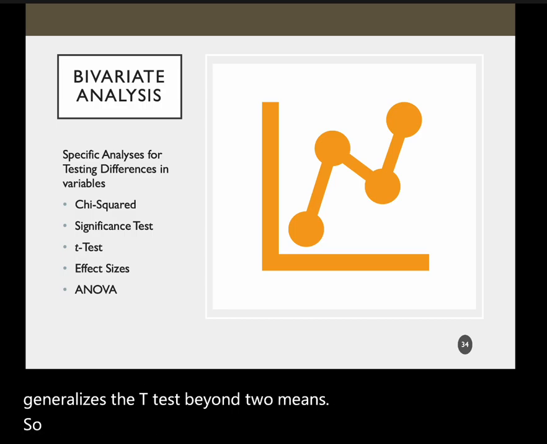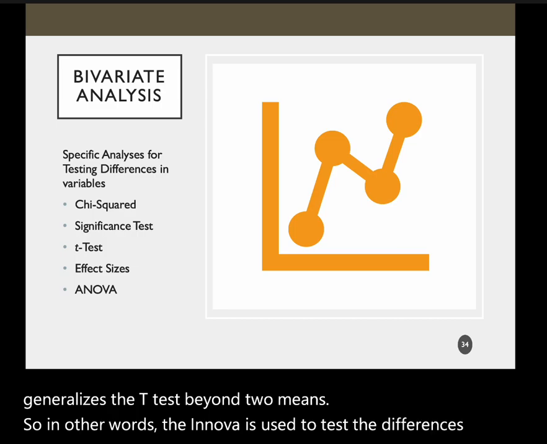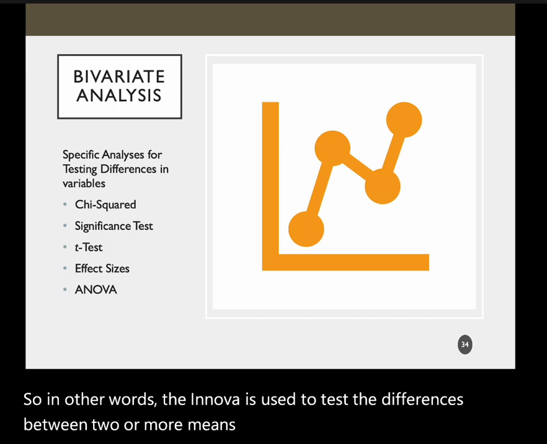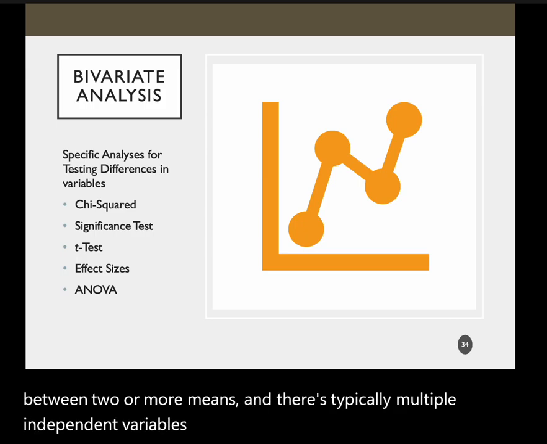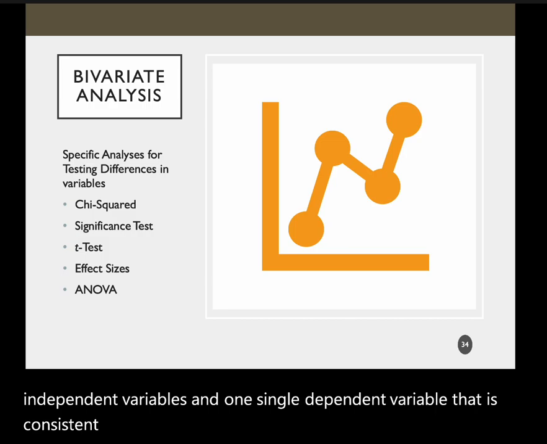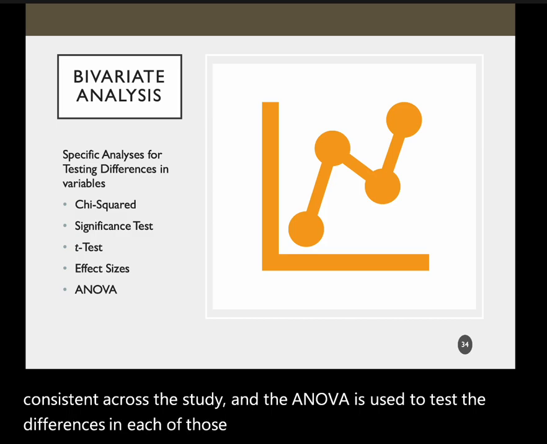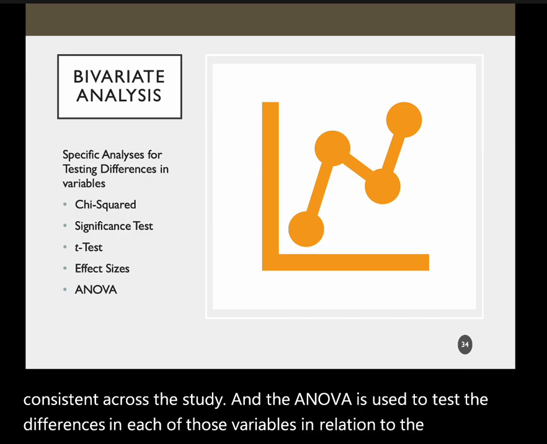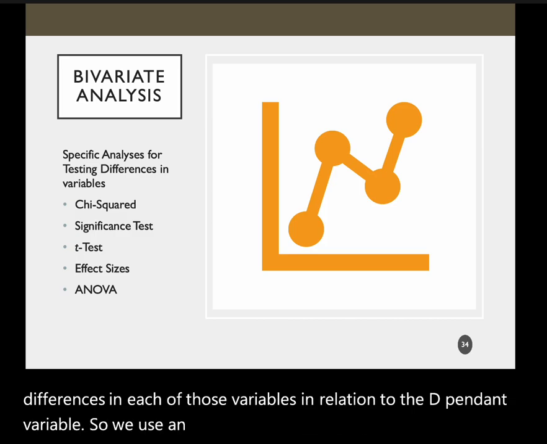So, in other words, the ANOVA is used to test the differences between two or more means, and there's typically multiple independent variables and one single dependent variable that is consistent across the study. And the ANOVA is used to test the differences in each of those variables in relation to the dependent variable. So we use an ANOVA if we're looking at multiple independent variables.